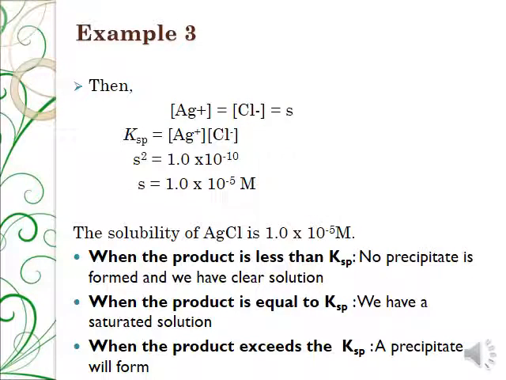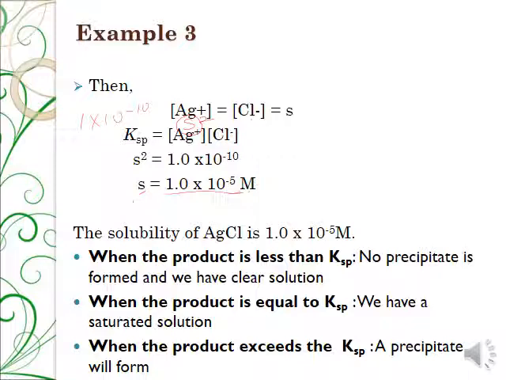Given the Ksp value just now is 1 times 10 power of negative 10, and we abbreviate this, we get S squared. So we can solve for S. In this case, S is 1 times 10 power negative 5 molar. Therefore, the concentration of each silver and chloride is 1 times 10 power negative 5 molar.